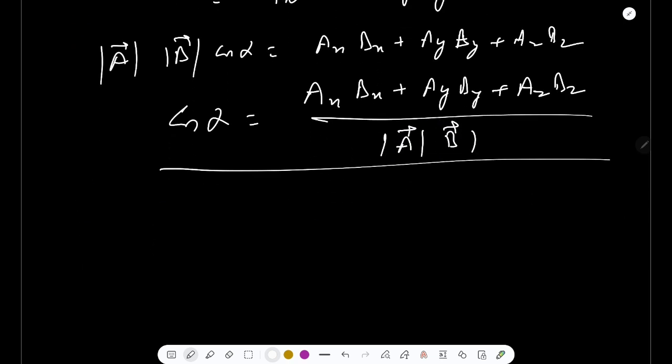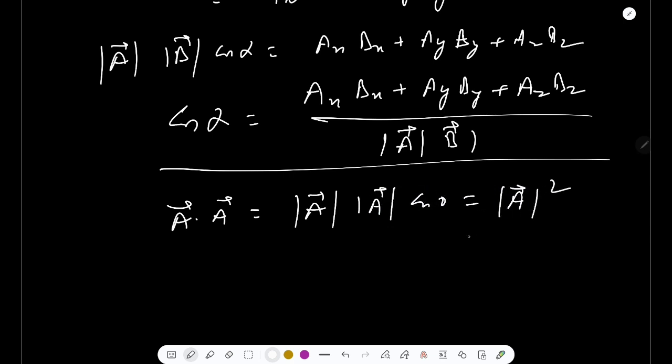But let me show you how you can find the modulus of vector A and modulus of vector B if the vectors are given in terms of their components. You know, A dot A is simply modulus of vector A multiplied by modulus of vector A cos 0, which equals modulus of vector A square, or simply A square.